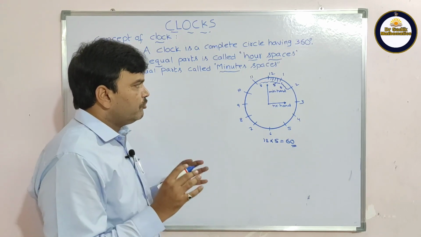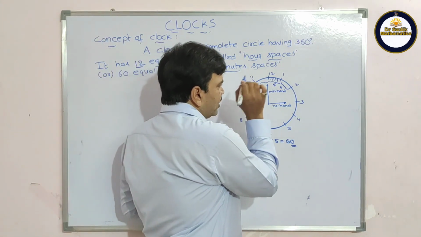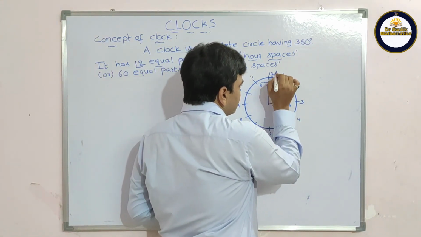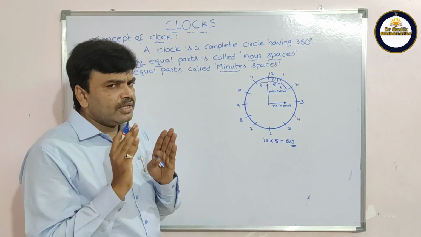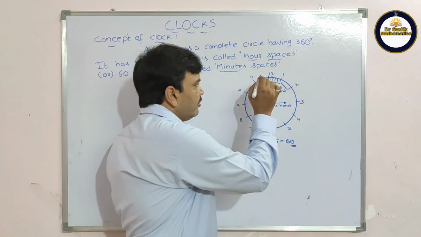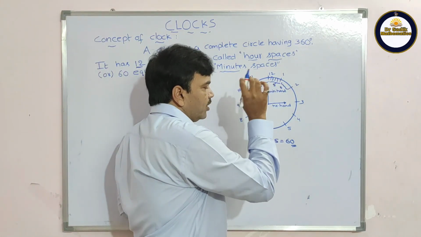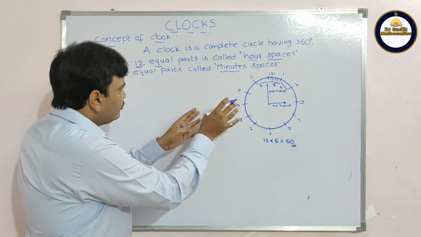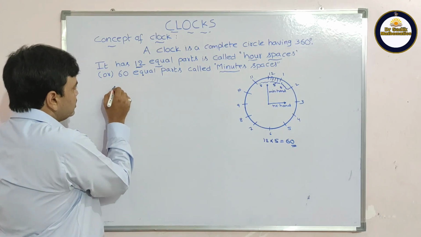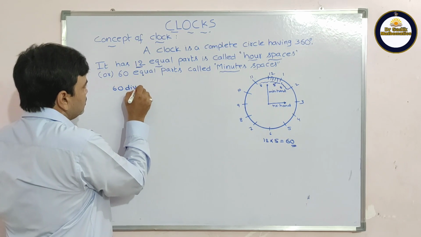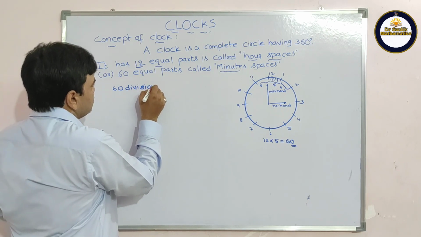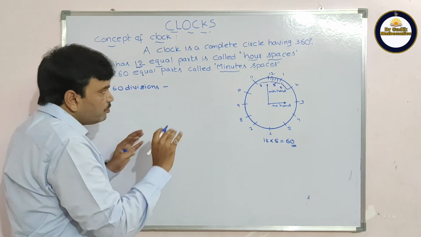Now I want to find how many degrees the first division makes. Total how many divisions? 60 divisions, which means a complete circle.